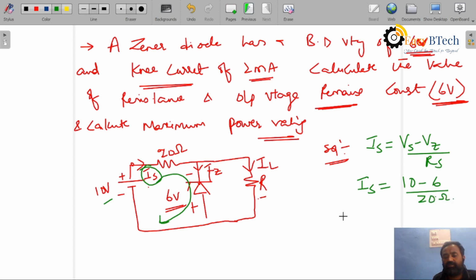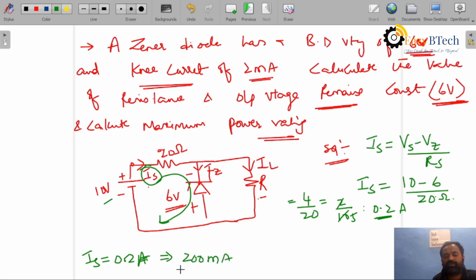You get 4 by 20, which is 2 by 10, which is 1 by 5, which means 0.2 amperes.